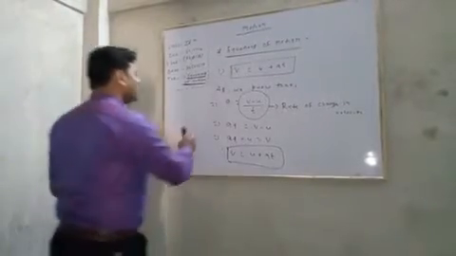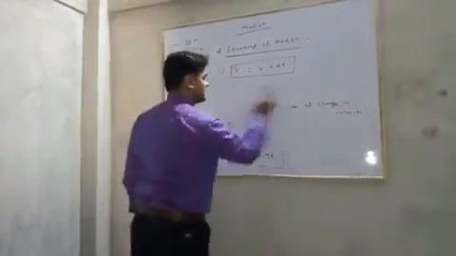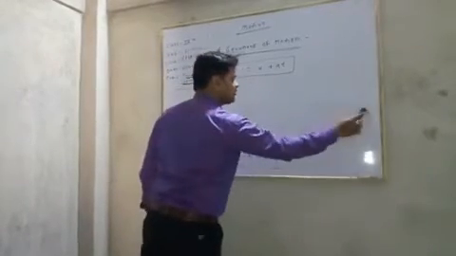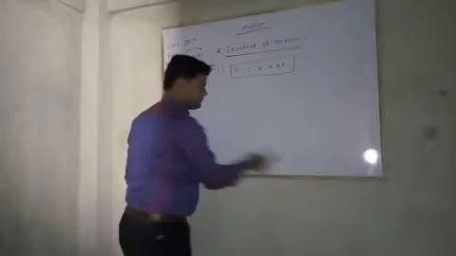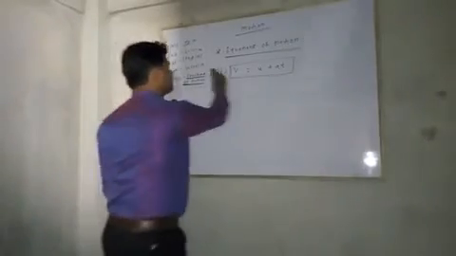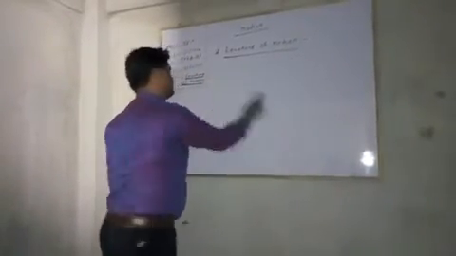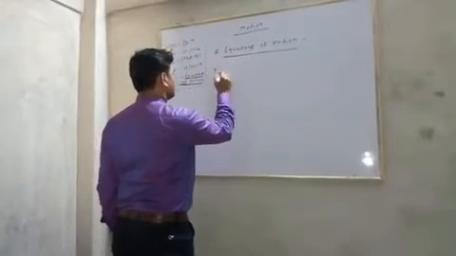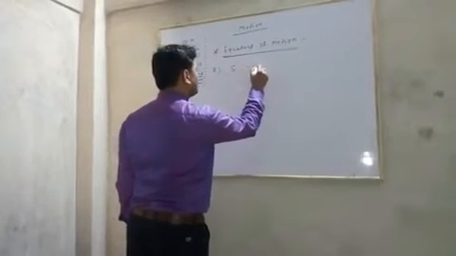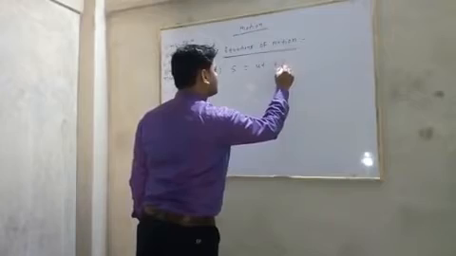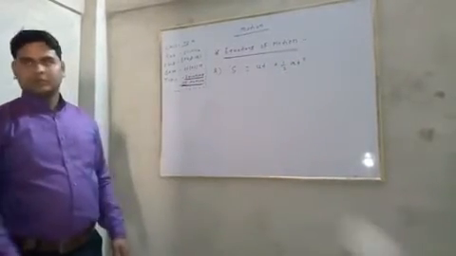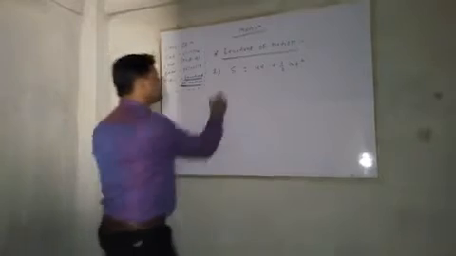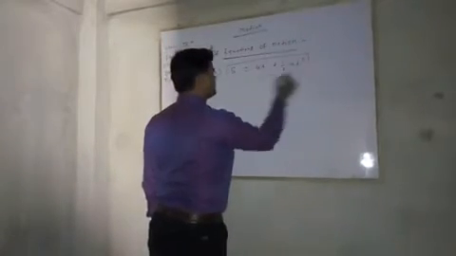Then now we will discuss the second equation of motion. S is equal to ut plus half at square.